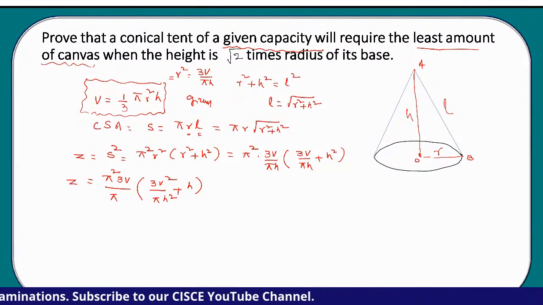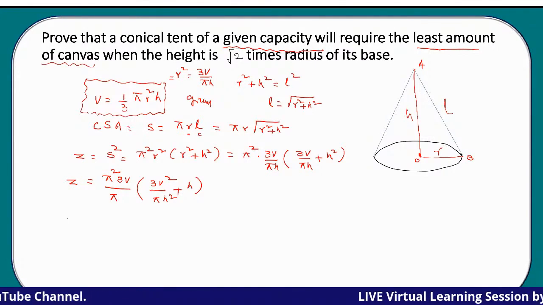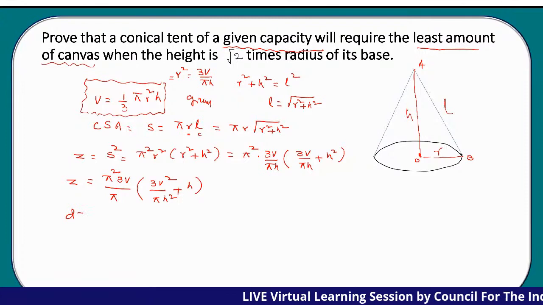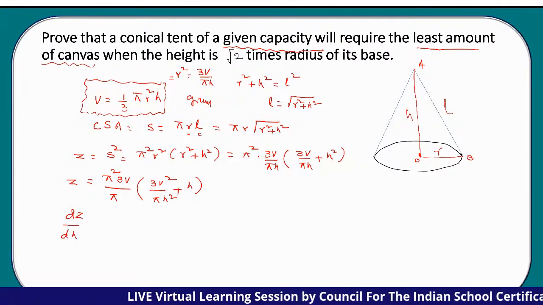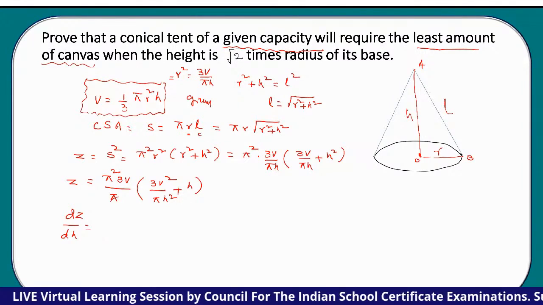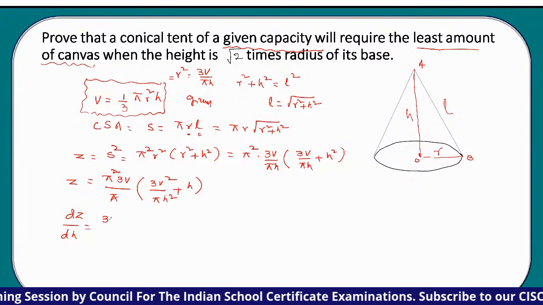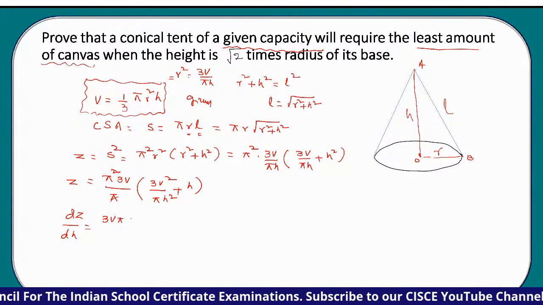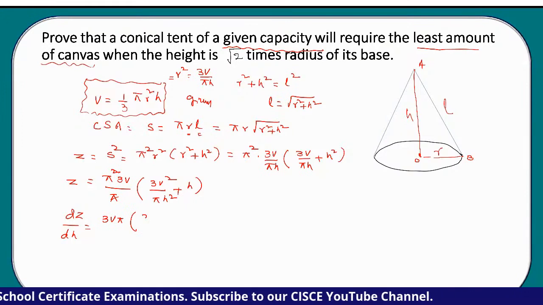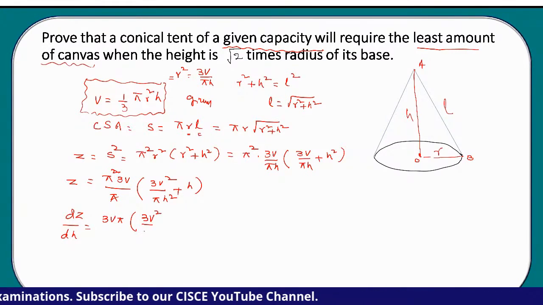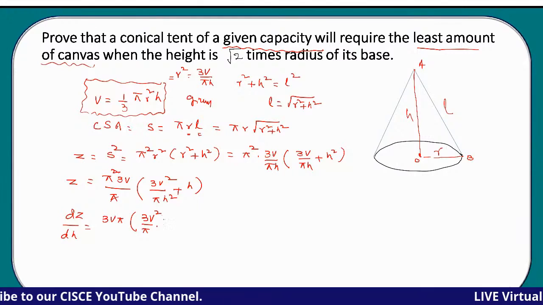function Z. If you differentiate this function Z with reference to h, dz by dh is equal to, so 1 pi gets eliminated. You get 3v pi times of 3v square by pi will remain the same into 1 by h square.